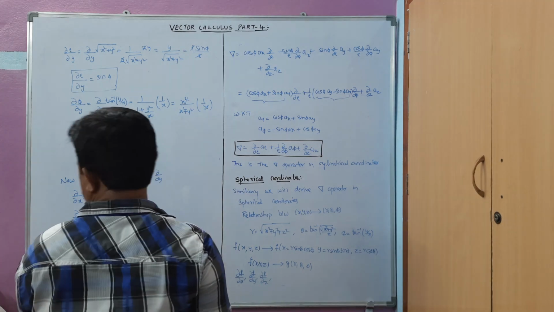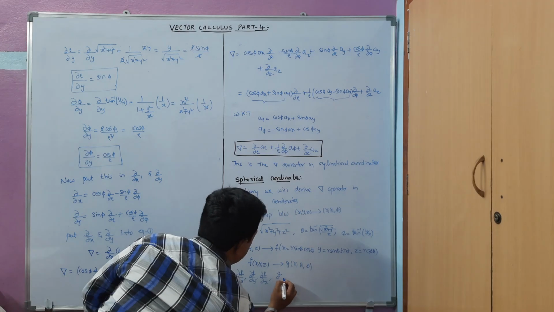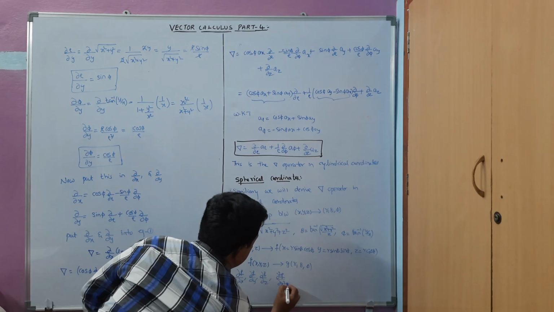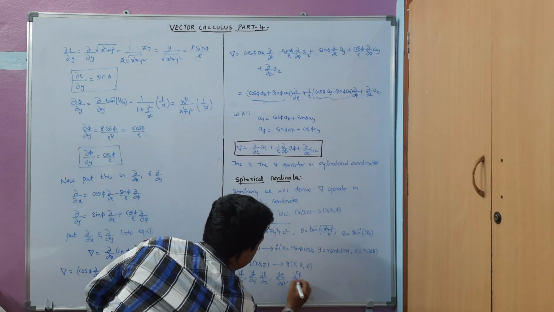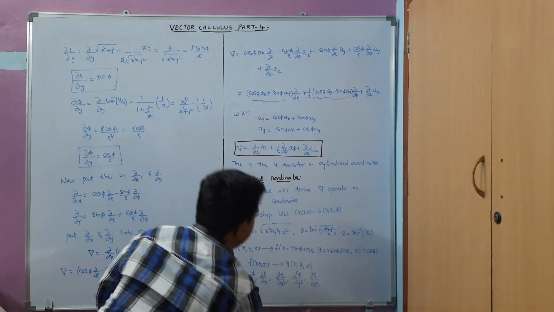Similarly, we can derive the double derivatives, dou square f by dou x square, dou square f by dou y square, dou square f by dou z square. We can derive all of these.